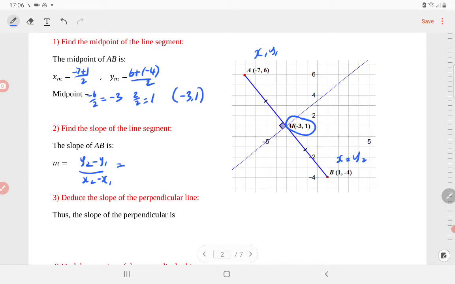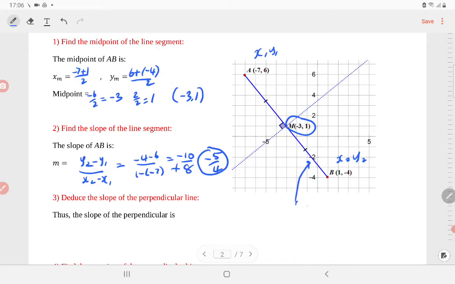So we've got -4 minus 6 on 1 minus -7. So that's -10 on 8, which is -5 on 4. So that is the slope of your line AB.